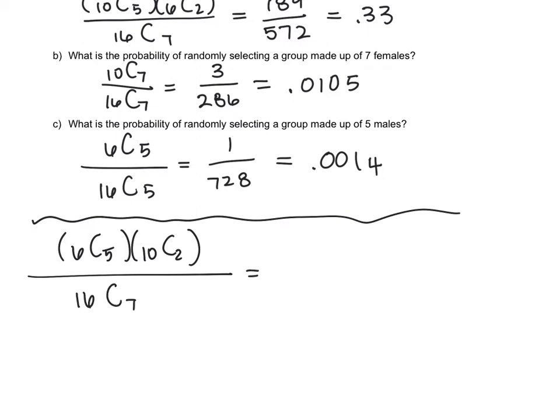So this is if we wanted to maintain the same group size of 7 students. So 6 choose 5 times 10 choose 2, and then our denominator would be 16 choose 7, which is 27 over 1144, which as a decimal is 0.0236.